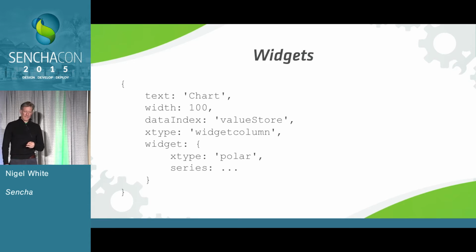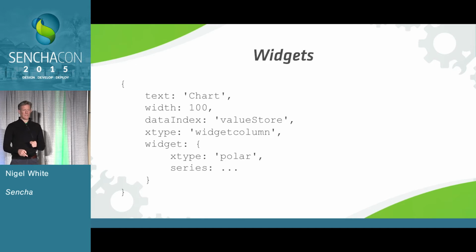Okay. Another thing we're going to see demonstrated is putting widgets inside of grid cells. So in theory, you can get as complex as you like by putting any kinds of widgets inside cells. And we're going to see an example of putting a chart inside a cell. And so this is how you do it. X-type widget column.